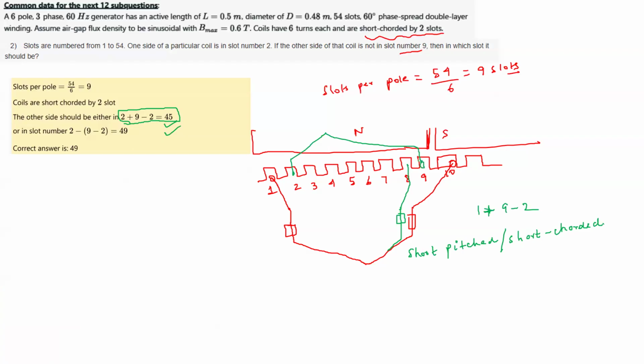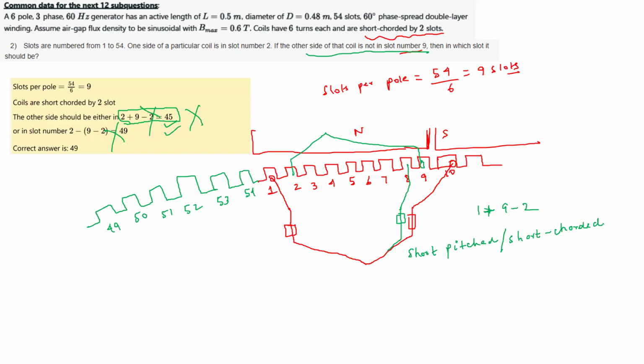They are saying that the other side of that coil is not in slot number 9. Their solution is wrong, don't see this solution. If it is not in 9, then the other end of the coil should be before it. So let us try to see. This is 1, so we draw it backwards: 54, 53, 52, 51, 50, 49.